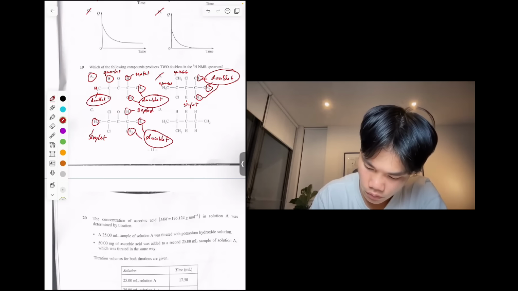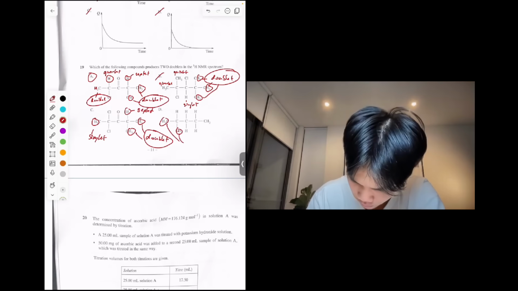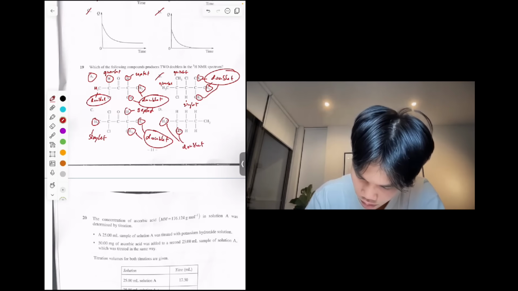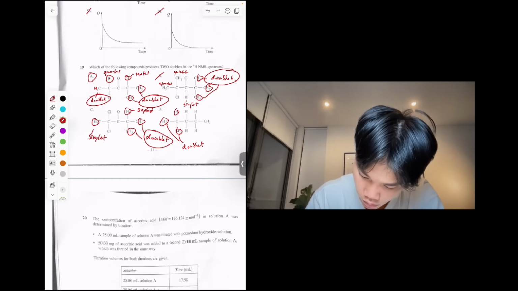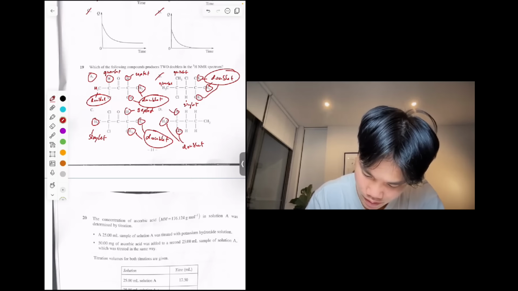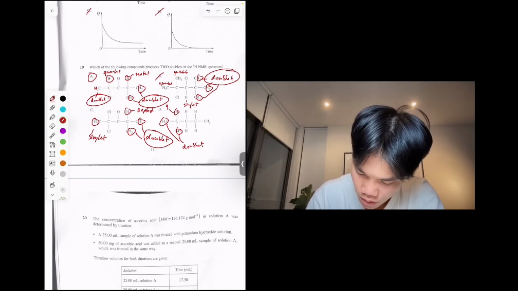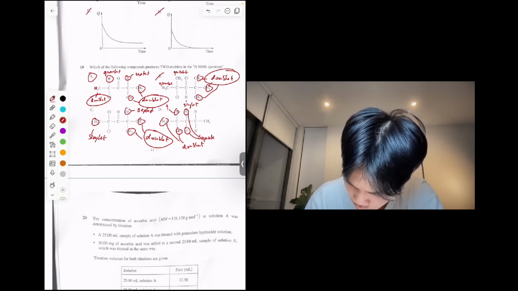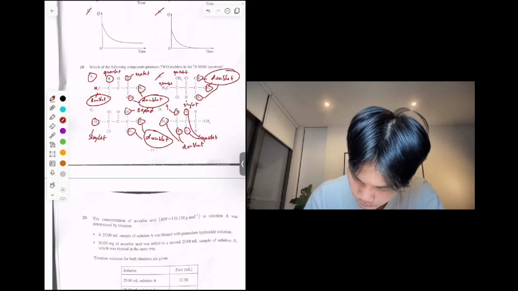And for D, these two would show that doublet. This one would show a lot. This would show 9. I'm not even sure what that's called, so I'll just write 9. H here and here are identical. These would both show quintets. Sorry, not quintets.